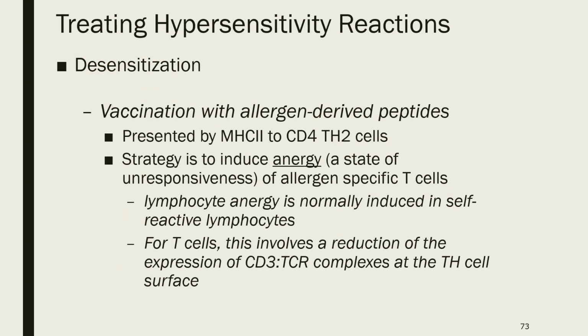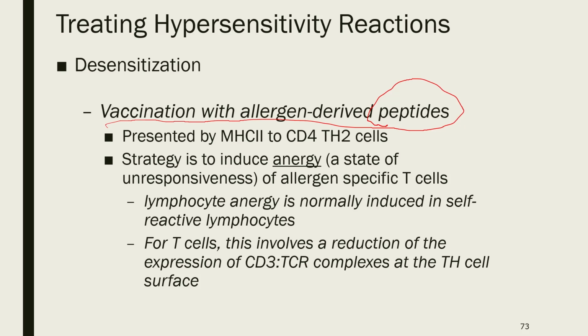The other approach to desensitization is giving vaccinations of a small peptide that is derived from the bigger piece of allergen. These smaller pieces essentially have no risk of anaphylaxis, and are presented by MHC class 2 to the CD4 Th2 cells.